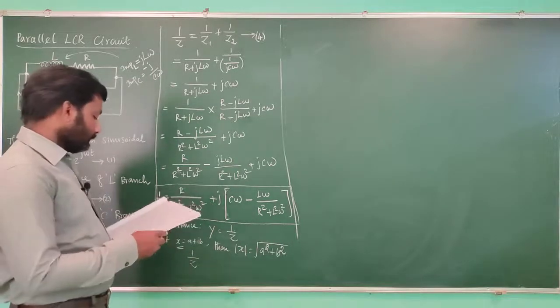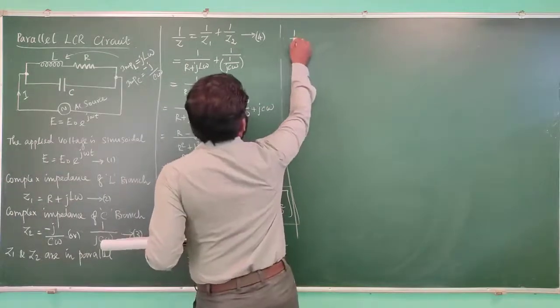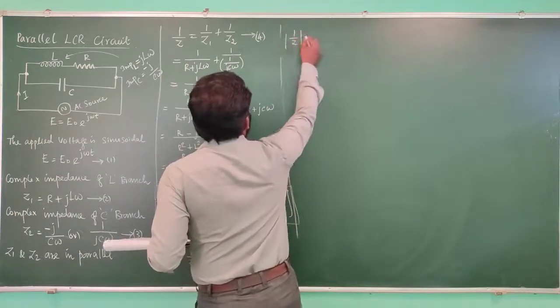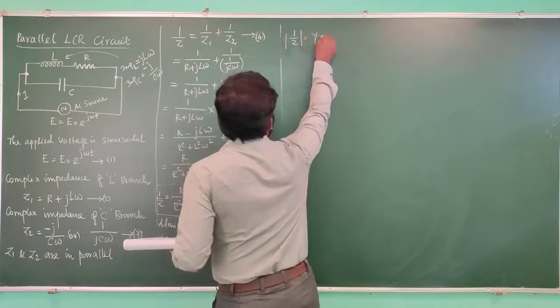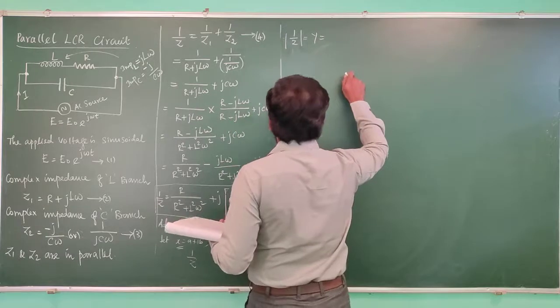Let's do that. If you want to write the mod of 1 by Z, which is equal to Y, that is equal to, what is that?